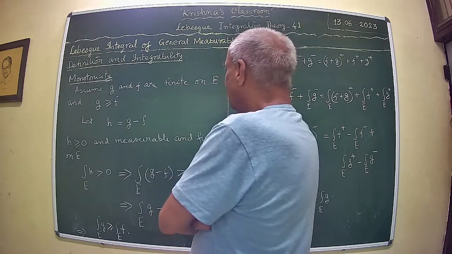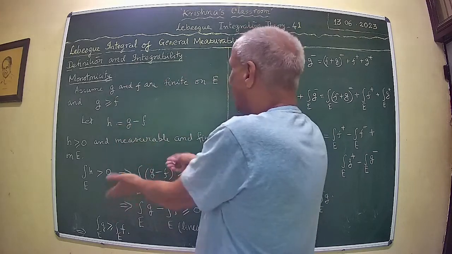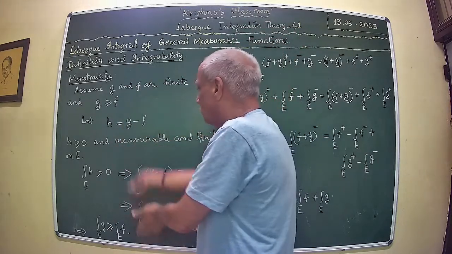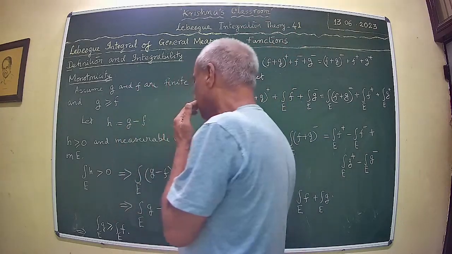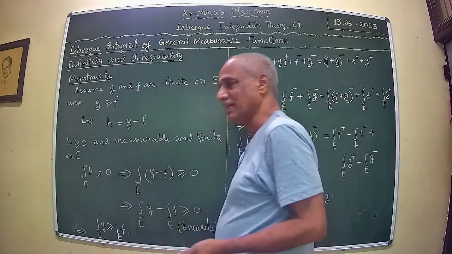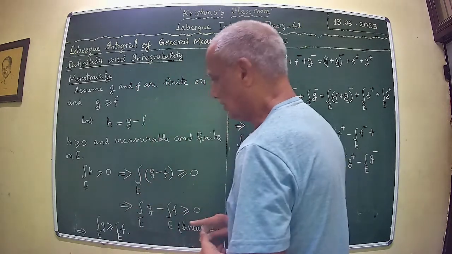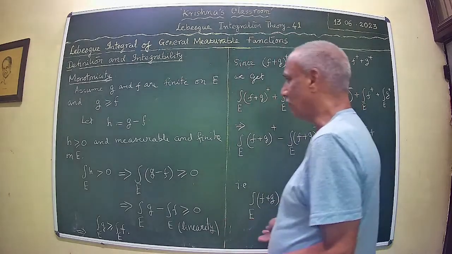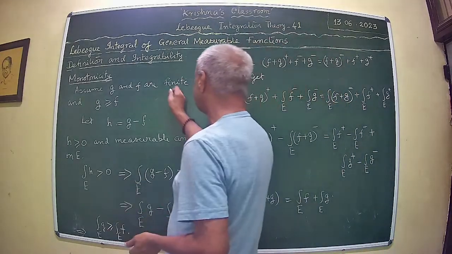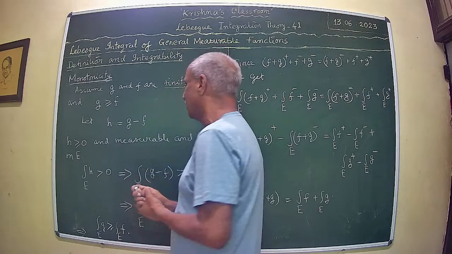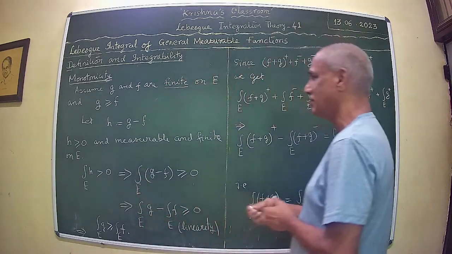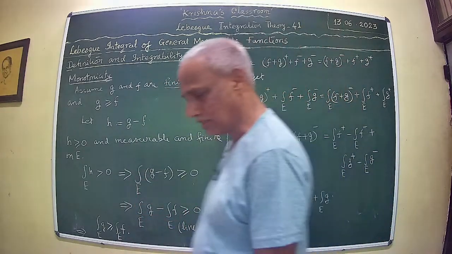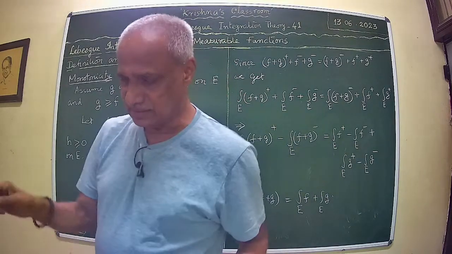Okay. So without loss of generality, we can assume this, and the rest of the proof would work with A, which is essentially the integral over E. So without loss of generality, we can start with this assumption that g and f are finite. That's it.